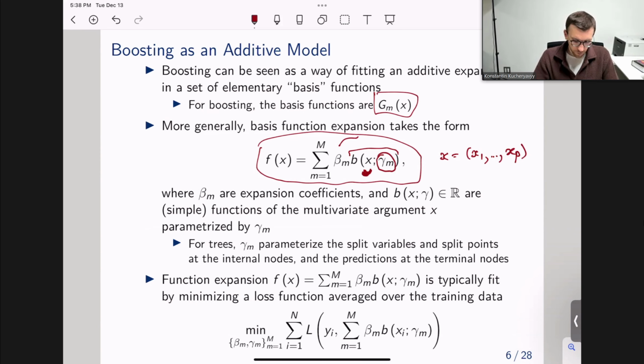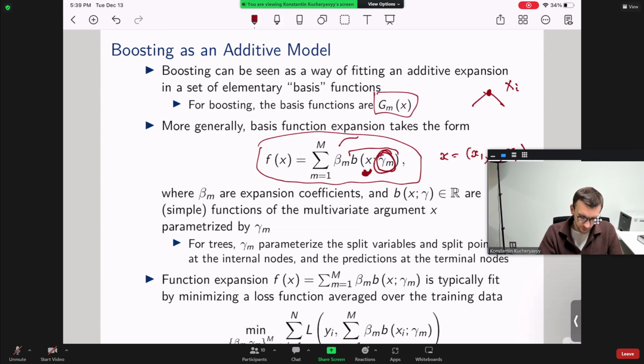So potentially for trees, this captures all of it. And if we think about a stump, just a tree with a single split, then gamma would code which variable we used to do a split on.